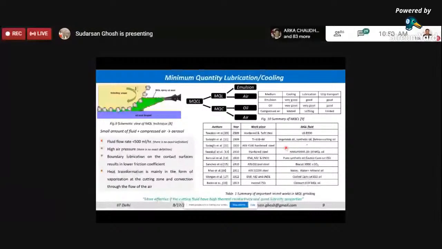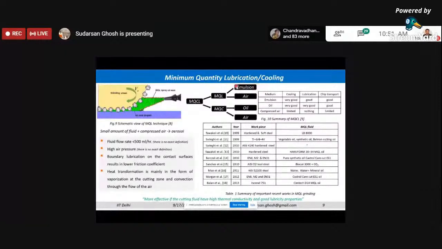Sometimes this is given the generic name of minimum quantity cooling and lubrication, which is where MQCL comes from. But the more popular one is the MQL. Of course, there is also minimum quantity cooling, MQC. The difference between MQL and MQC is in the cutting fluid being used. In MQL we use an emulsion type of cutting fluid, basically a colloidal solution.